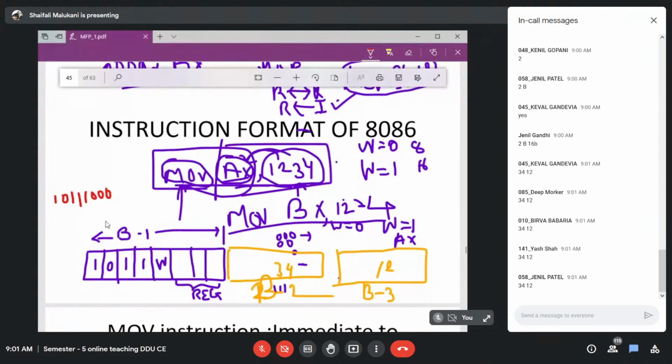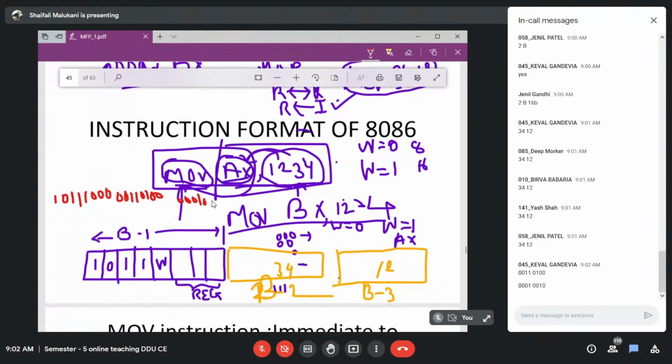Okay, then what about 34? How is 34 coded? 34 is 00110100, so this is 34, right? And 12 will look like 00010010.